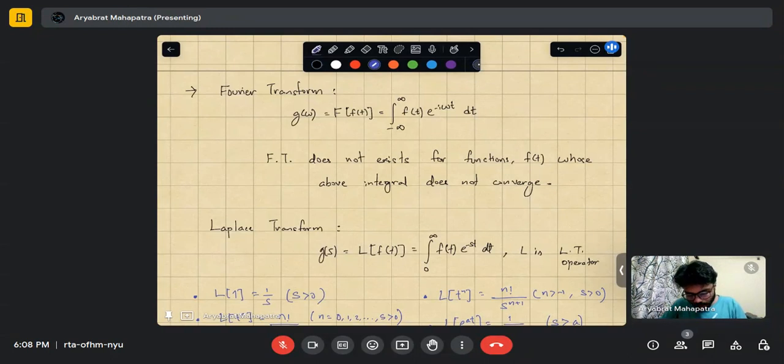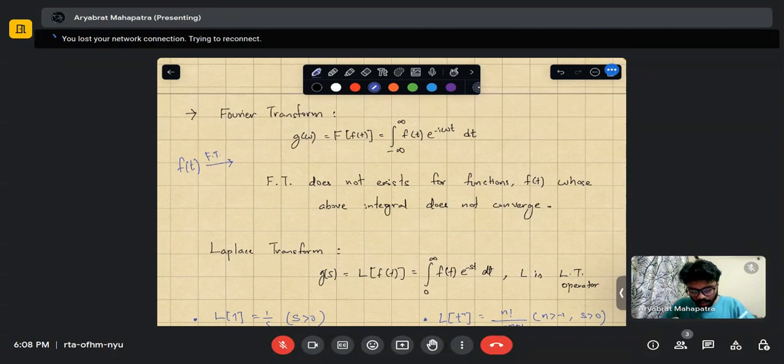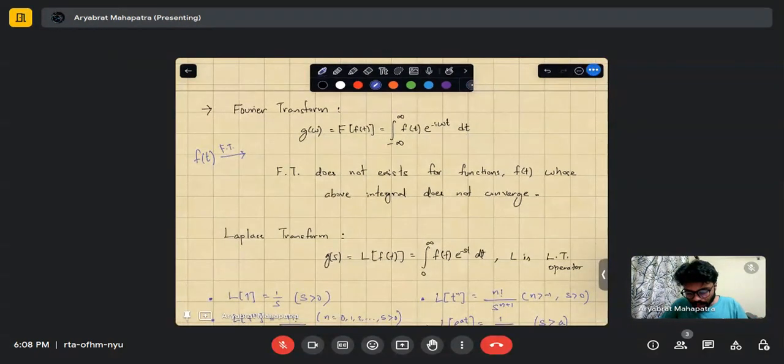If you are given some function f of t and you want to apply Fourier transform on this function, it is achieved by this, which is given right here.